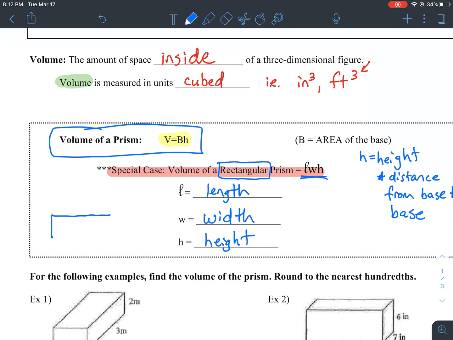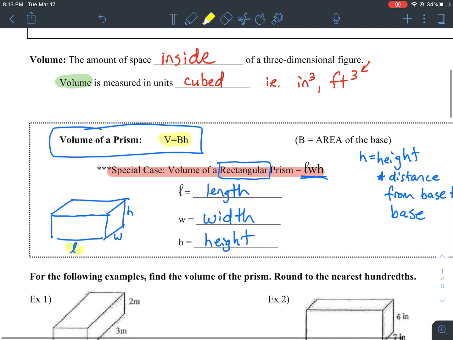So if I were to just draw a very generic prism, this side-to-side measurement would be L, the length. How far is it side to side? This front-to-back measurement would be the width, and that vertical component would be the height. So if we have a rectangular prism, all we would have to do is multiply those three dimensions together, L times W times H, and that would give us the volume.